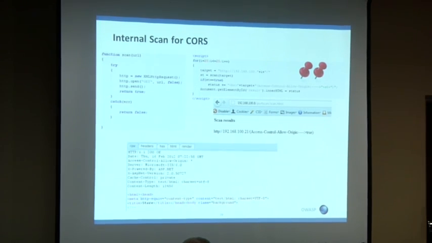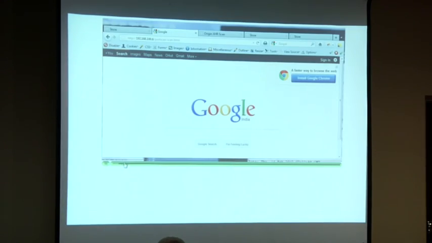So if your cross-origin policy is not set right, you have exposure where a web page can start crawling your internal networks. Here is an example of a simple one, 100.6. You visit a page, and that page will start doing a simple port scan.